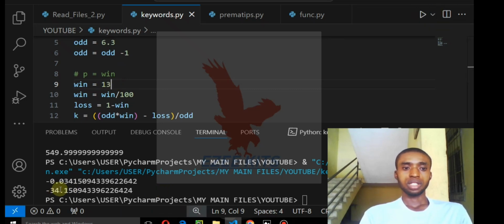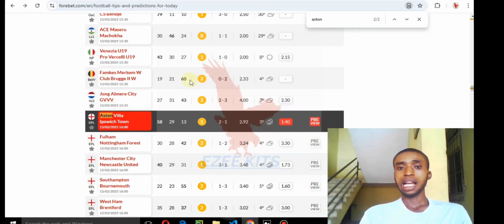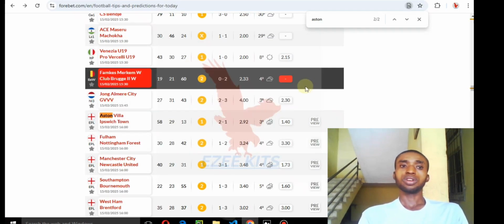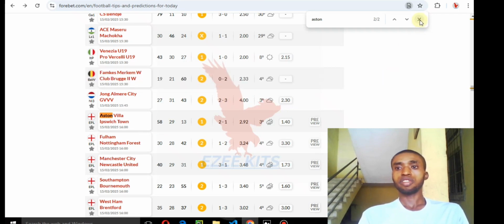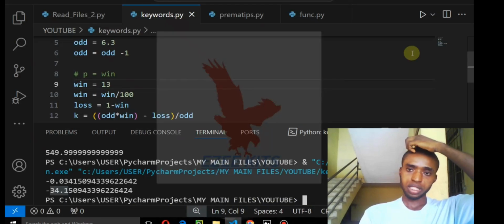You can see it's also giving us negative value. So for this kind of game, you should look for other options, like checking over under. I can use a whole lot of other tip sites, but I think 4bet does a good job, especially when it comes to draws. That's why I make use of it. You can use a lot of other sites to achieve this. So this is basically what we want to do in this video.